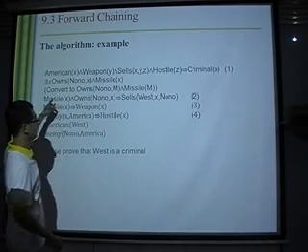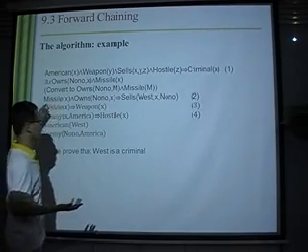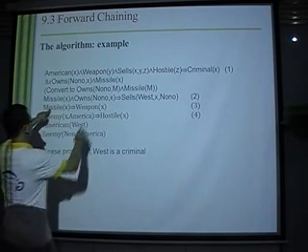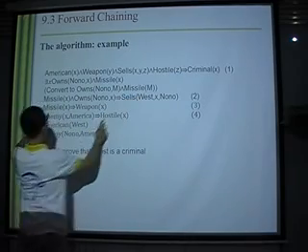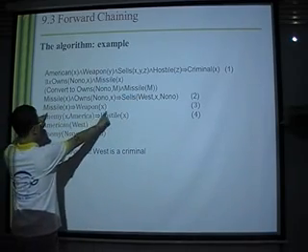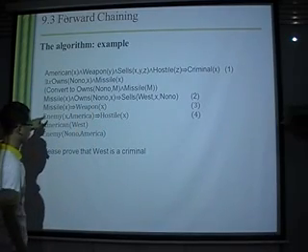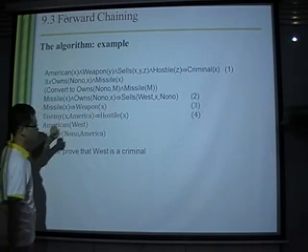And the program continues to scan this sentence, and by Missile(M1), it can infer that Weapon(M1). And then the program scans and this fact is added to the knowledge base.